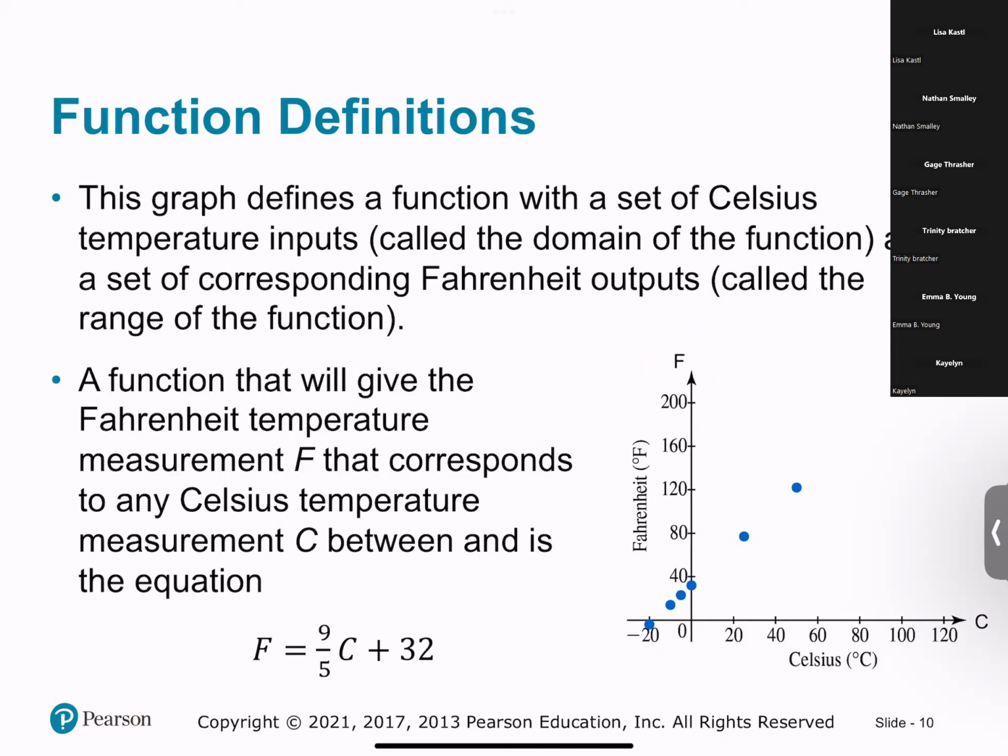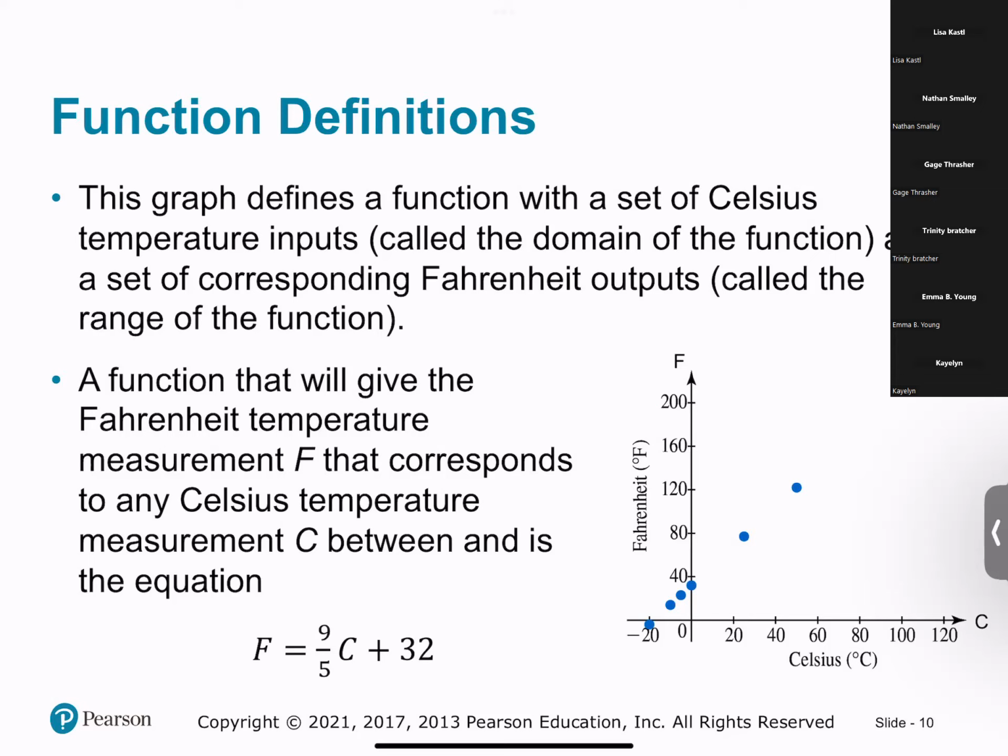So the domain of a function is its set of inputs. So in this case, it would be the degrees Celsius, and a set of corresponding Fahrenheit outputs. So we input the degrees Celsius and we output the degrees Fahrenheit.